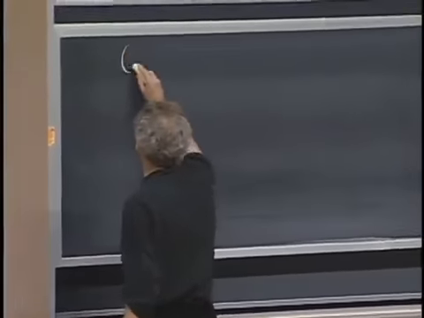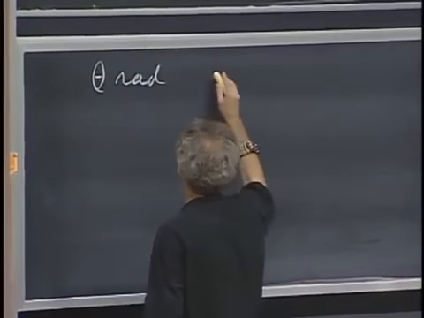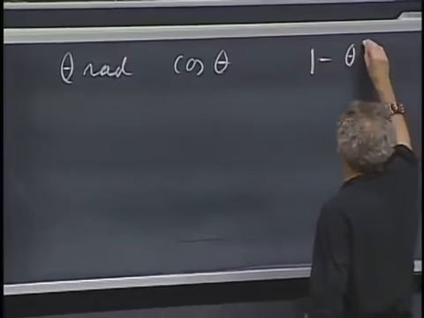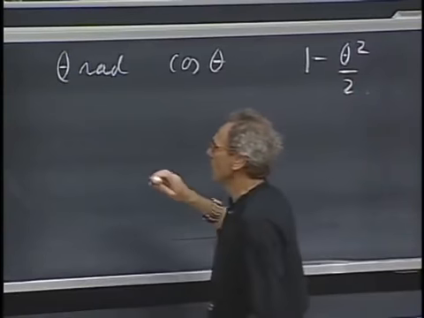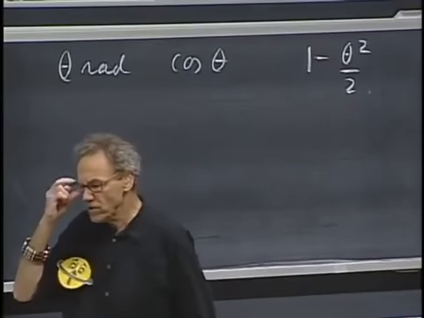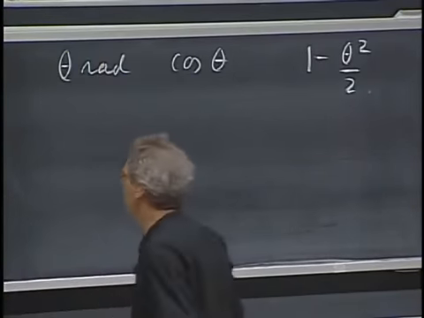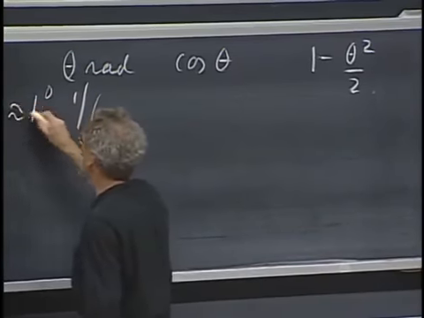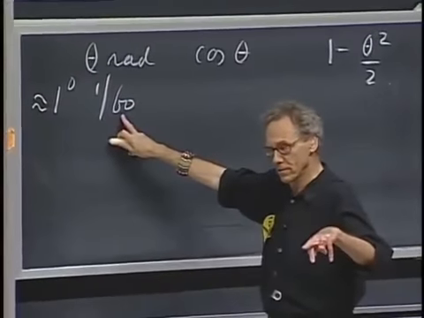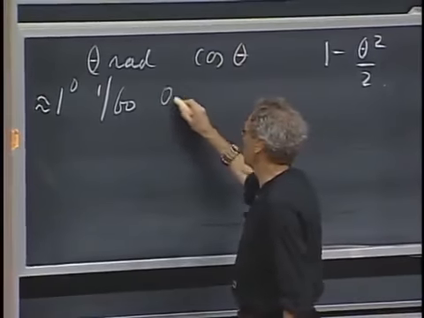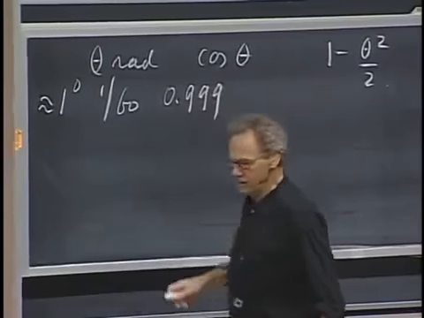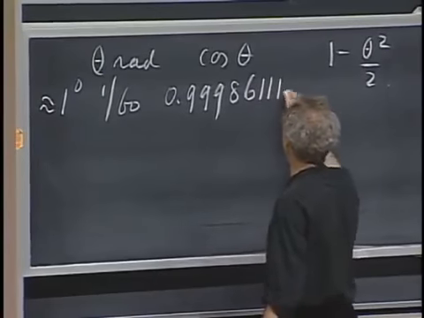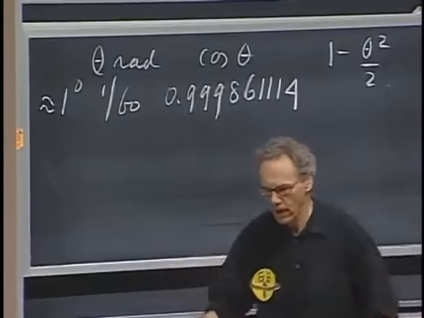If I give you here theta in radians, and here the cosine of theta, and here 1 minus theta squared over 2, then if I take 1/60th of a radian, since this is approximately 1 degree, but I pick exactly 1/60th, and I ask what the cosine is, that is 0.999861114, just using my calculator.